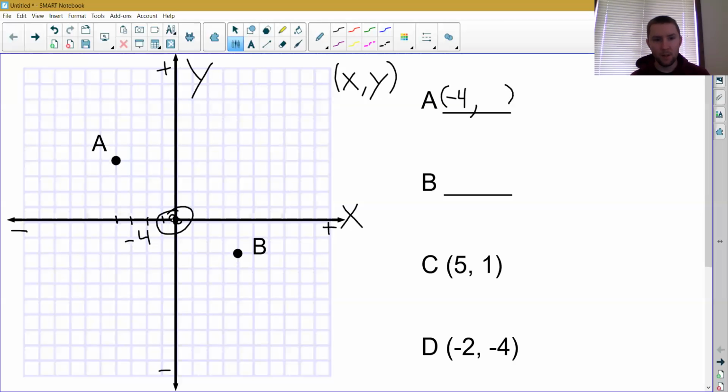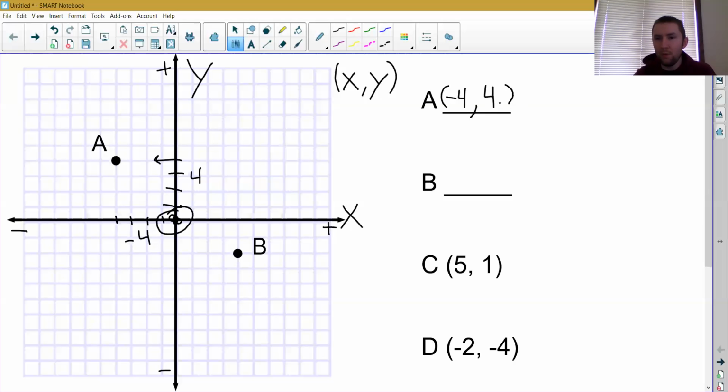So from here to get up to the level of A, I would go up 1, 2, 3, 4, and then I'm at the same level as that point A. So up 1, 2, 3, 4 means I have a y coordinate of +4. Okay? So my y coordinate over here in my coordinate point would be 4.